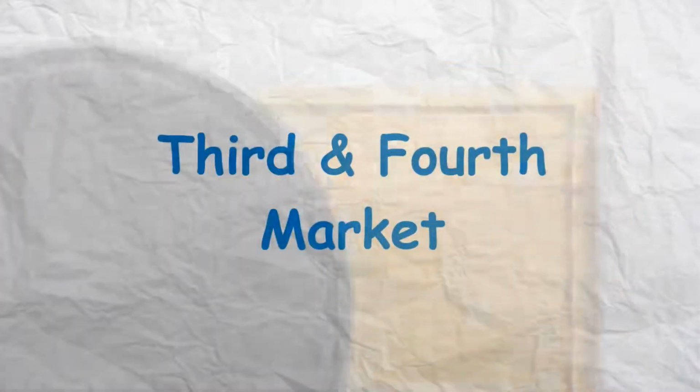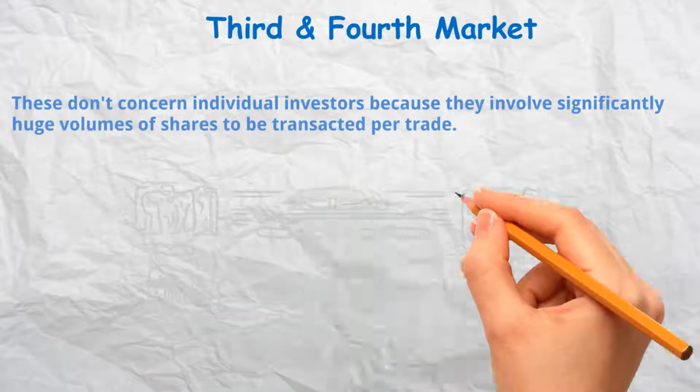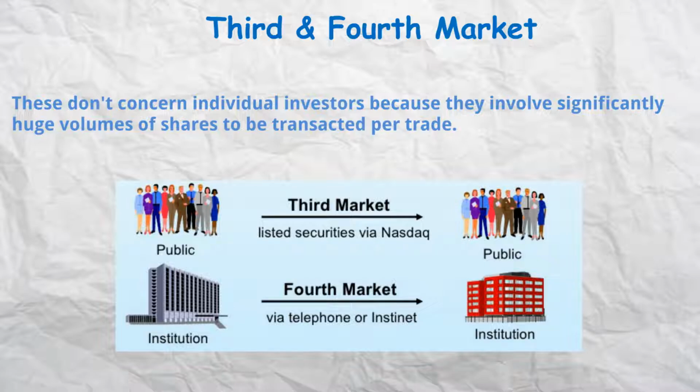Third and fourth market. We might hear the terms third and fourth markets. These don't concern individual investors because they involve significantly huge volumes of shares to be transacted per trade. These markets deal with transactions between broker dealers and large institutions through over-the-counter electronic networks. The third market comprises OTC transactions between broker dealers and large institutions.